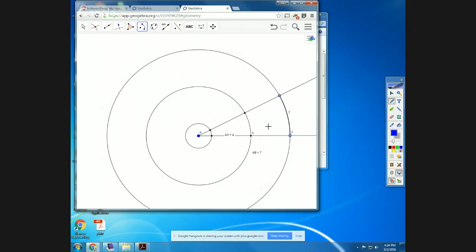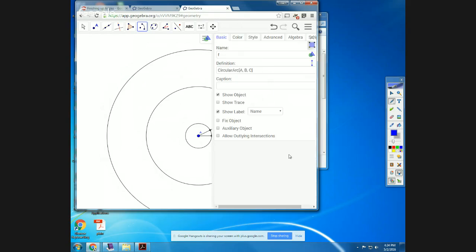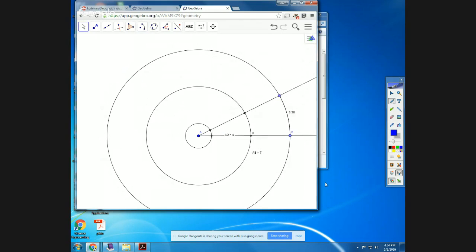Will you show me a label for it? I think I'm going to need the algebra window on this. Properties, name and value. Let's try that again. So I think GeoGebra is telling me that if this radius here was 1 inch, then this arc there is 3.38 inches.